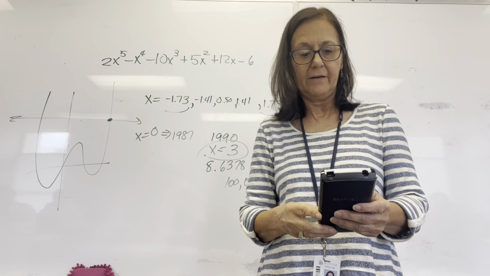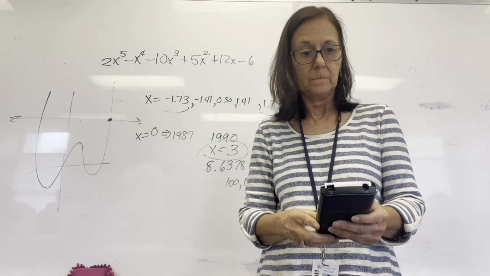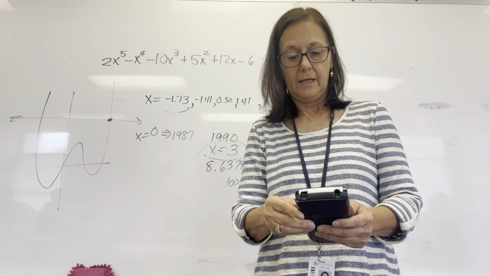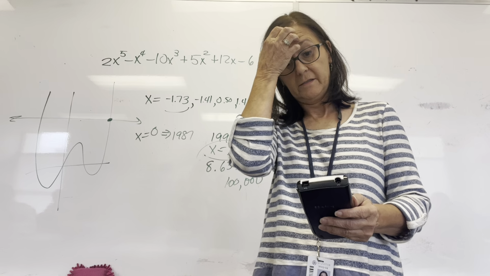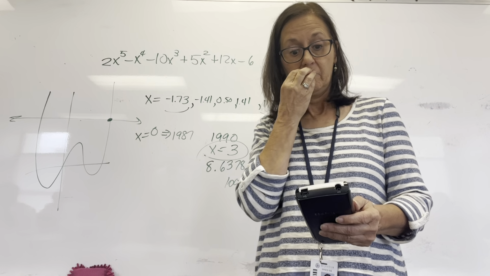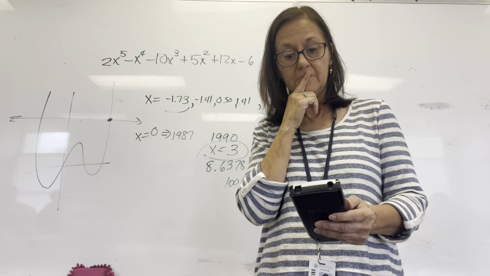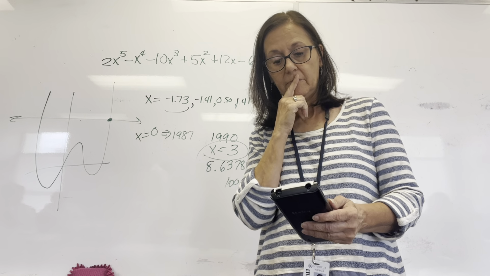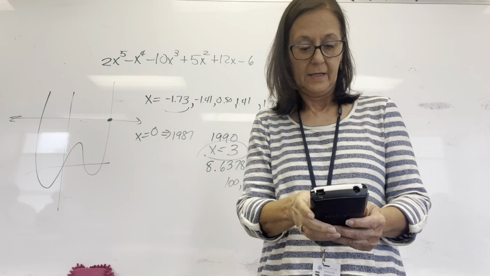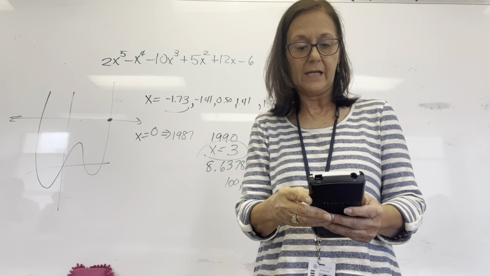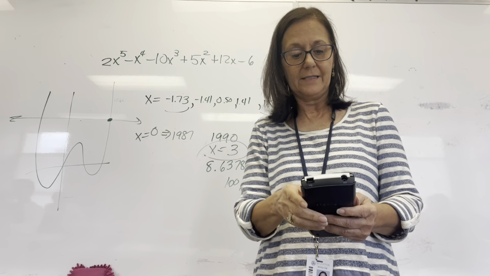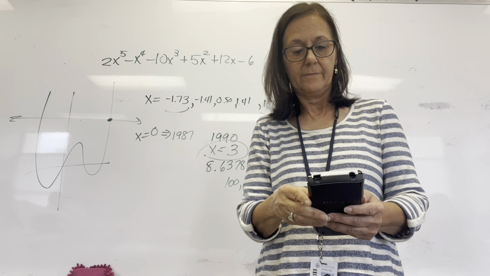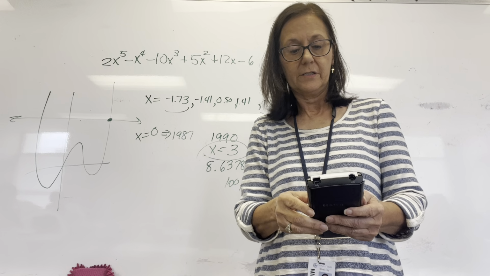I'm going to go from -3 to 3 and 0 to 10 for y, because it's pretty close. Second trace, intersect. We'll stop here. I did max. Second trace, intersect.